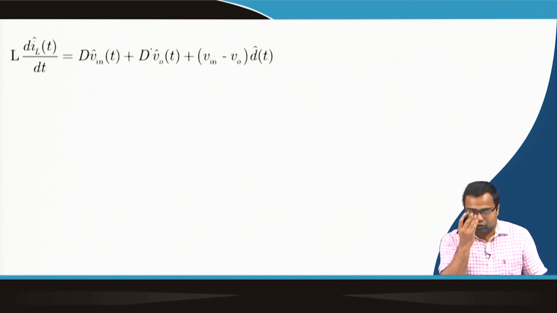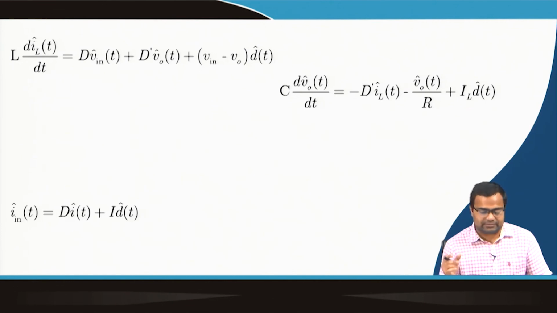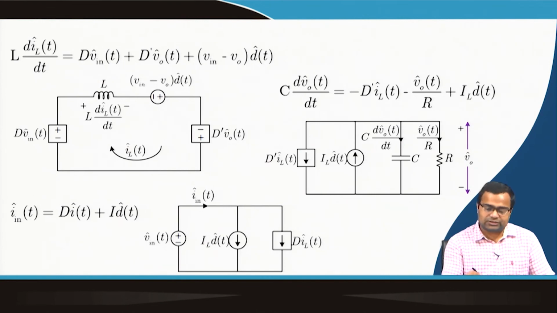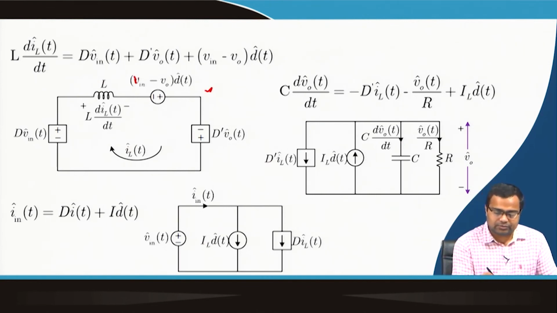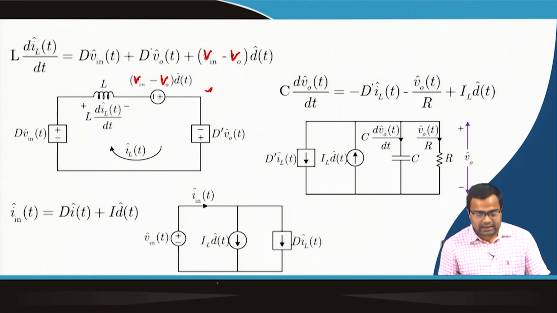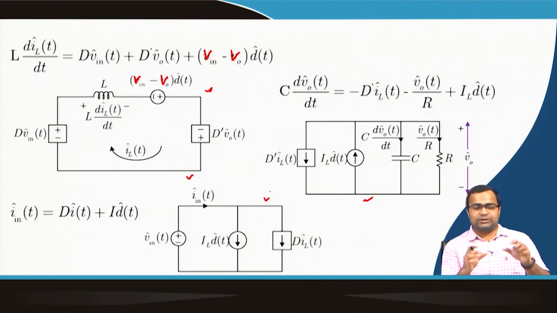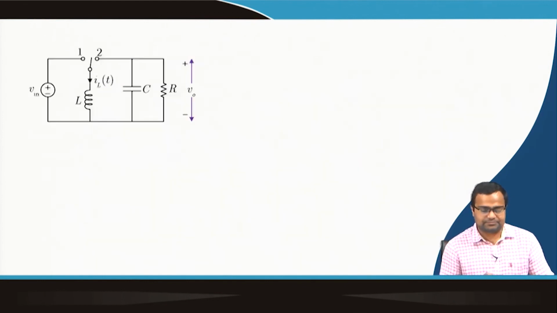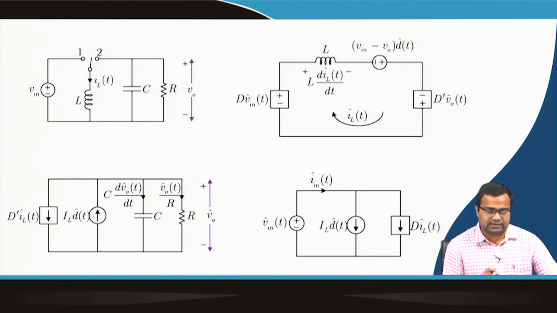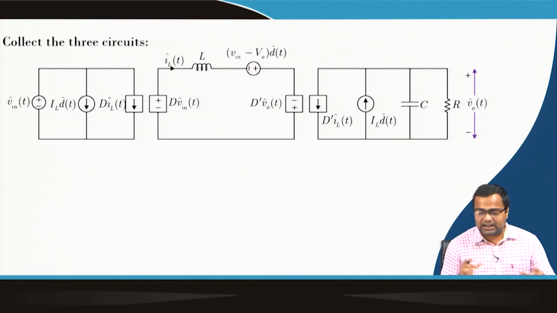Now, we can write down all this inductor dynamics, capacitor dynamics and the input current and their corresponding circuits that we have drawn already. The three individual sub circuits are the perturbation dynamics corresponding to the inductor current, capacitor voltage and the input current. Then we can club together all these three. These are the three equivalent circuits, and then we have to collect these three terms.